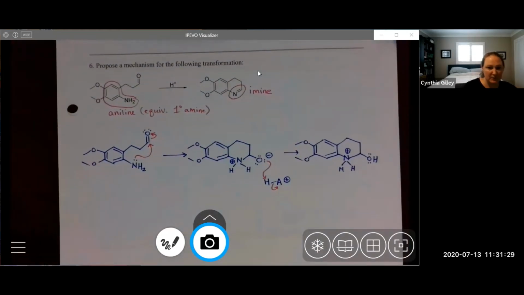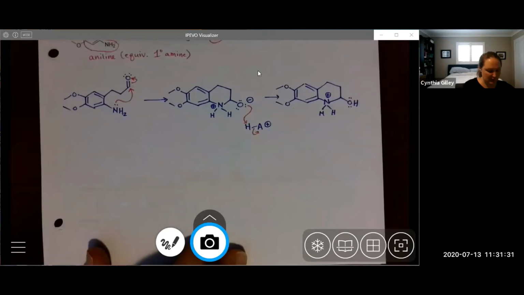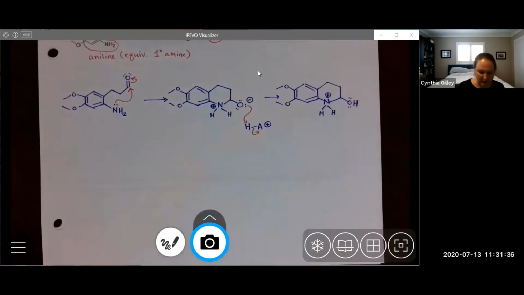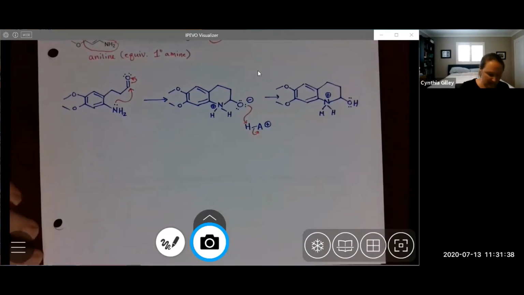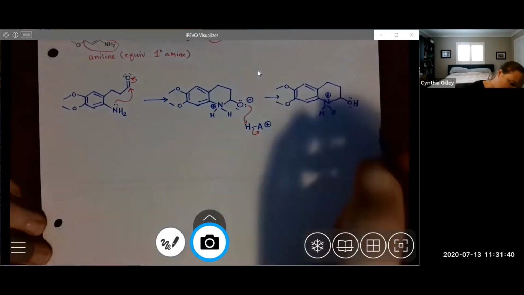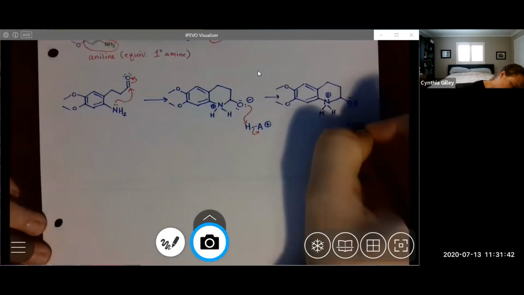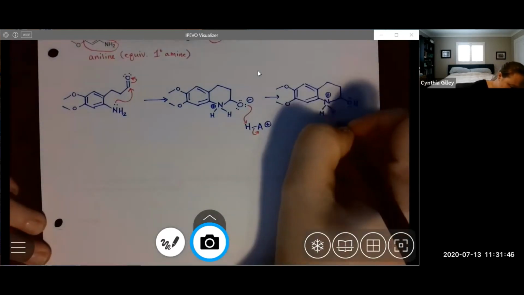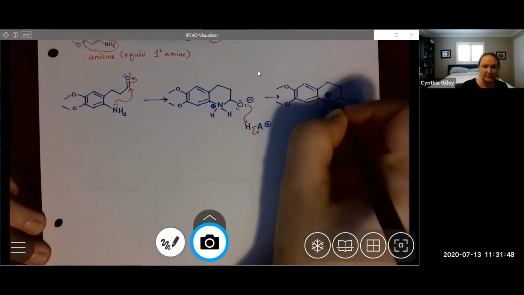I'm going to remove the extra proton on the nitrogen and then place it onto the oxygen. So I can use my A with a lone pair here to remove the extra proton on the nitrogen.